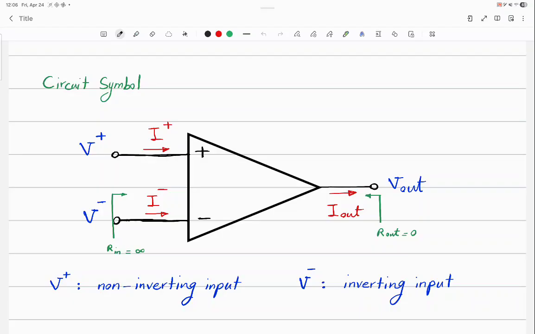And I'm guessing those names are making sense to you. Inverting and non-inverting, negative and positive. Okay? What are the other labels on this symbol? So you see I positive, which is obvious. It's the current entering the op-amp from the positive input terminal, and I negative is the current entering from the inverting input. And you have I out.